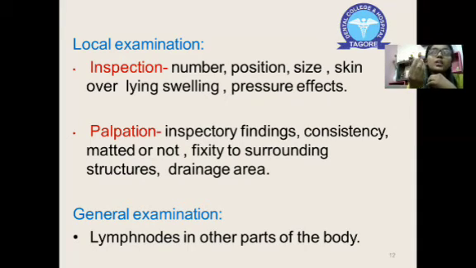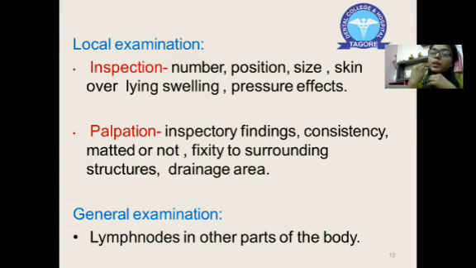Consistency is the texture and feel while palpating the lesion or lymph node. The enlarged lymph node should be carefully palpated using the palmar aspect of the fingers, using three or four fingers, from the index finger to the little finger.